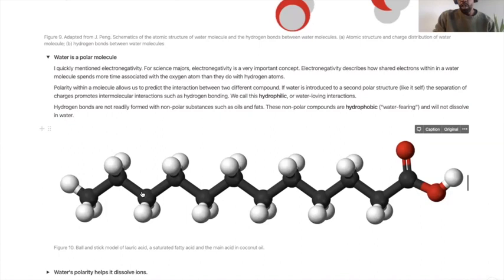So if you have this long carbon chain, each of these carbons being non-polar, even if you do have a slight polarity at the end, the non-polarness of the entire compound gives it its hydrophobic properties.